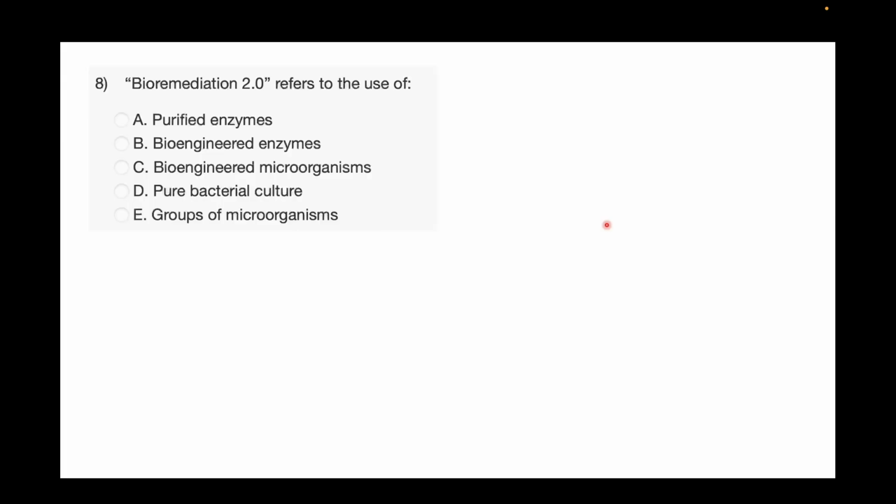Option E, groups of microorganisms. Bioremediation 2.0. Go through the question carefully, look at the options, and let me know your answer in the chat box. I will be back to this question in a minute or two.